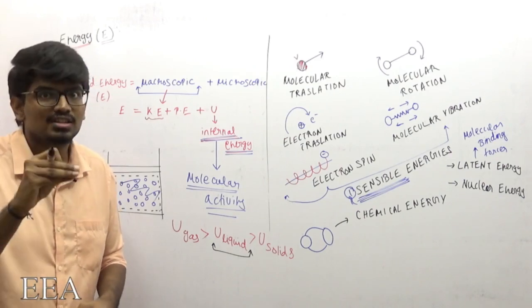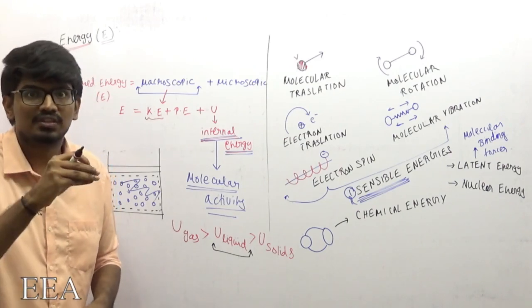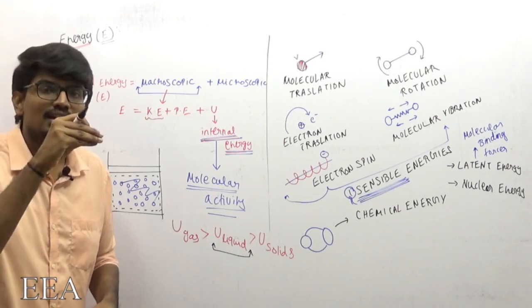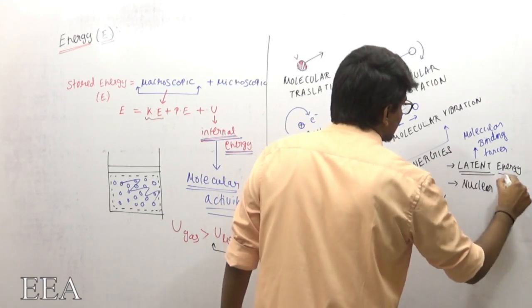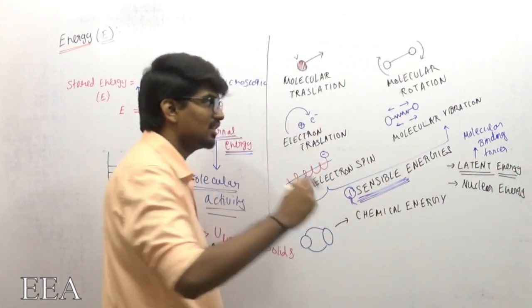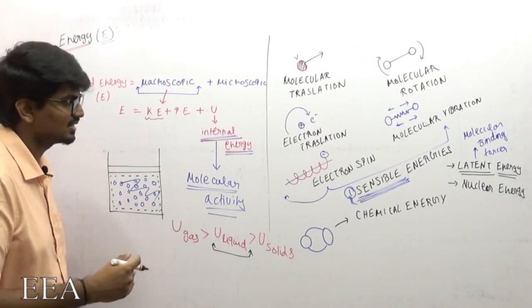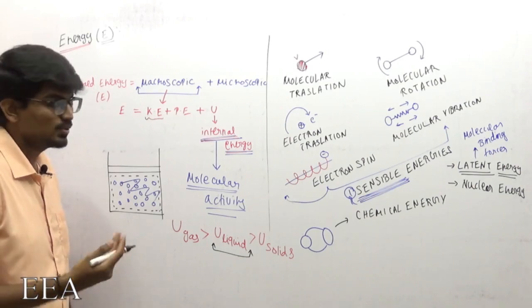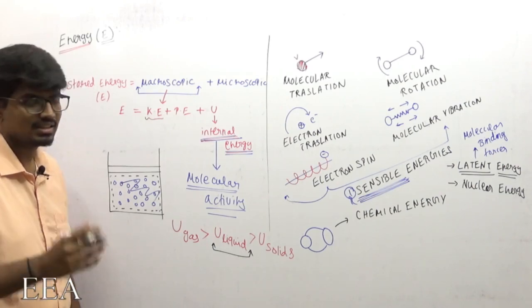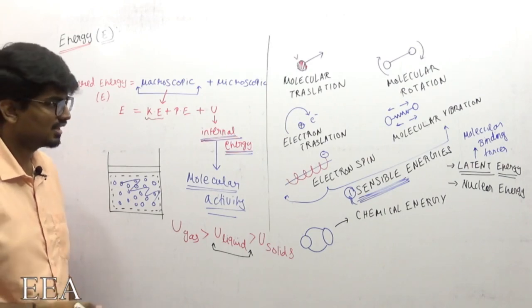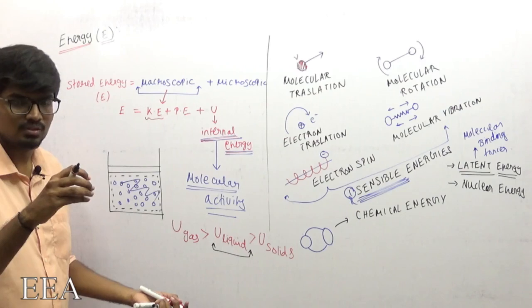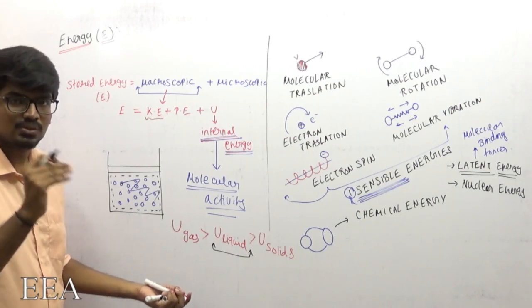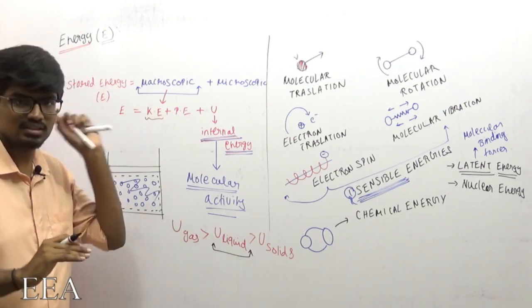During the phase change, the molecular form of energy associated with it is latent energy. We will talk about this latent energy again further when we are discussing pure substances, latent heat, sensible heat. So simply now, the energy of the molecule associated with the phase change is latent energy.